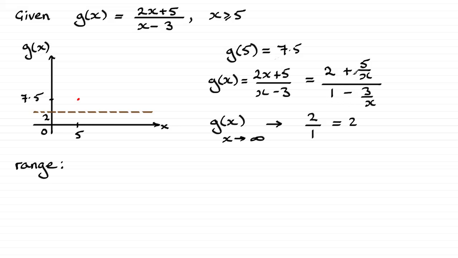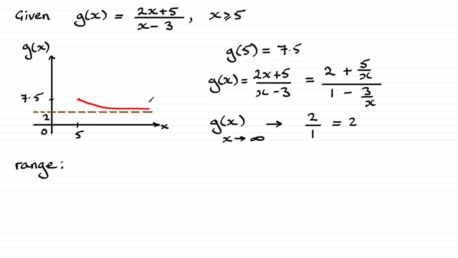So in all, positive divided by positive is positive. This graph is always going to be greater than 2. So our graph is going to go from 7.5, and as x increases from 5, it's going to approach that asymptote of y equals 2.